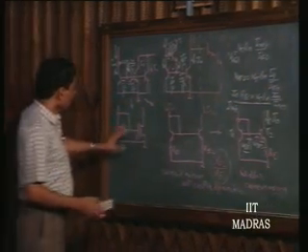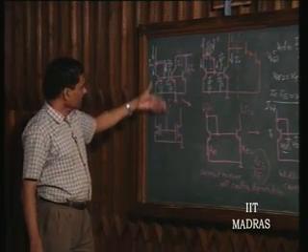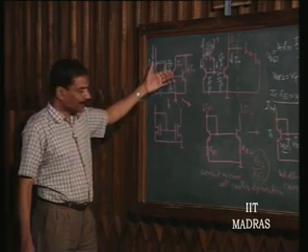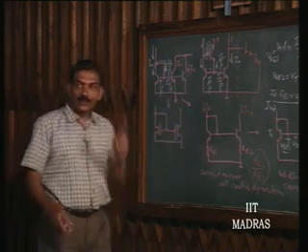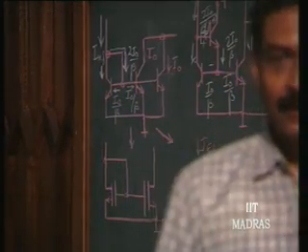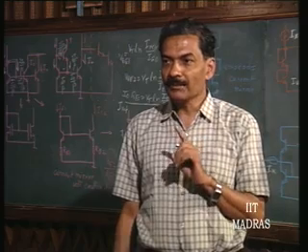Now, these other current mirrors are MOSFET versions, like these NPN versions. We can have a MOSFET version, but the only warning is that the MOSFET should not be depletion mode, it has to be enhancement mode.